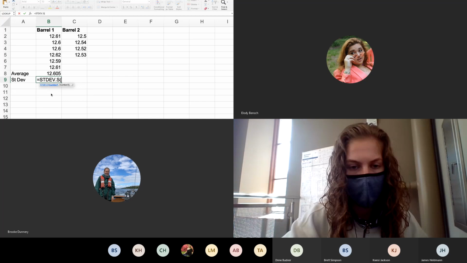So the precision of the two data sets are assumed to be equal at the 95% level.